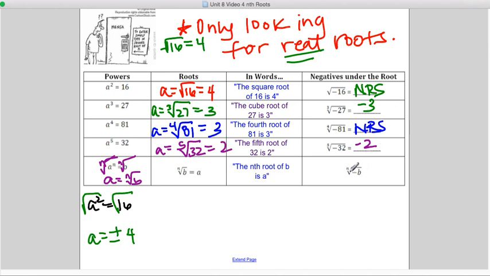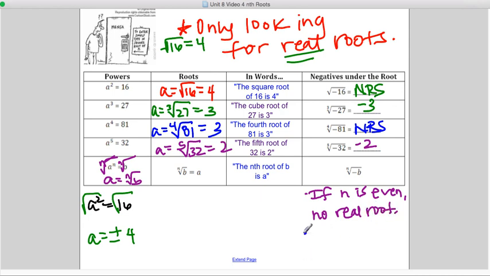Now, it says the nth root of negative b. Well, let's notice something. If we had 2 and 4, it was no real solution. So if n is even, 2, 4, 6, 8, those numbers, there is no real root.